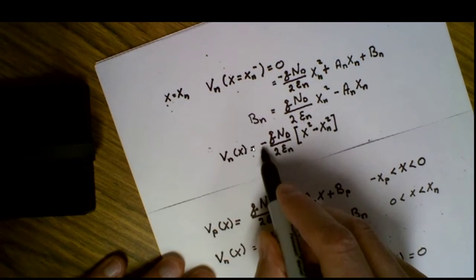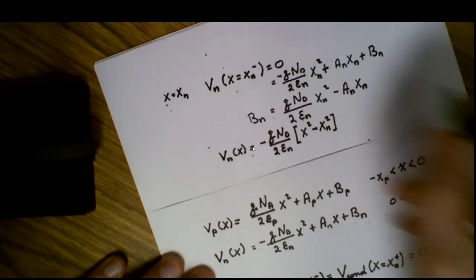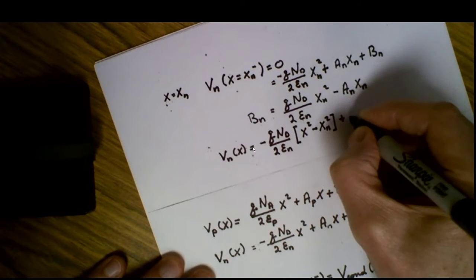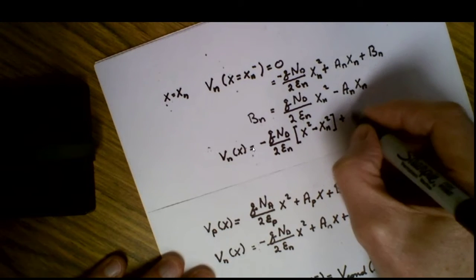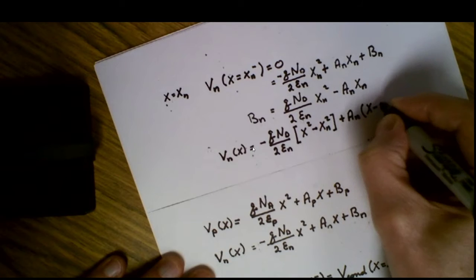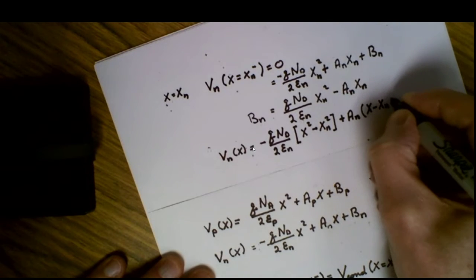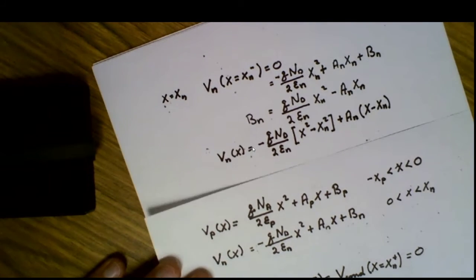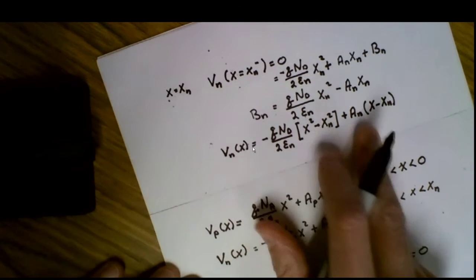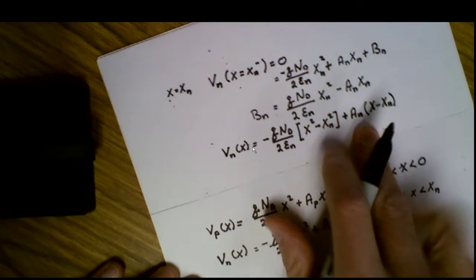So our signs are preserved, plus a sub n times the quantity x minus x sub n. So that is the new relationship for our potential. We only have one constant of integration to determine.